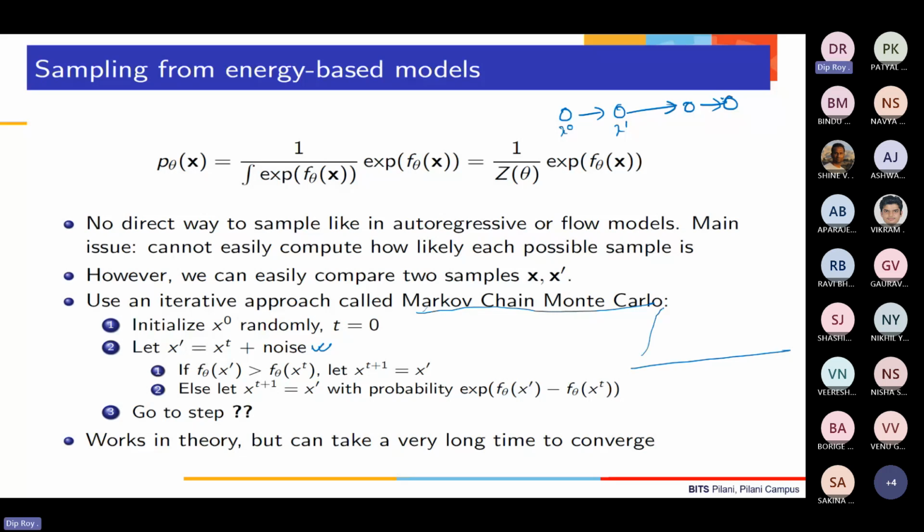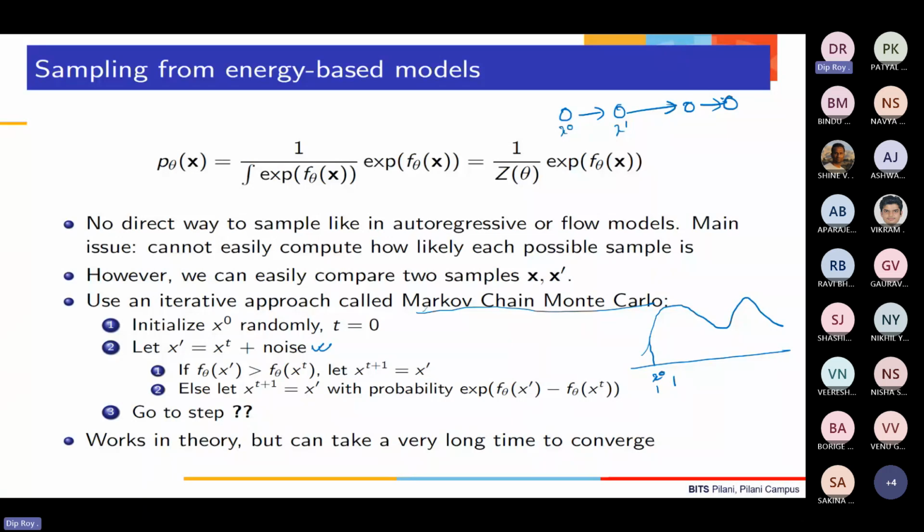So let's say the energy function is like this, and you start from here. This is your x0. What you are going to do is determine a step size and add some noise. After adding noise, you pass it to the energy function, and you check whether the energy of this or this is more.